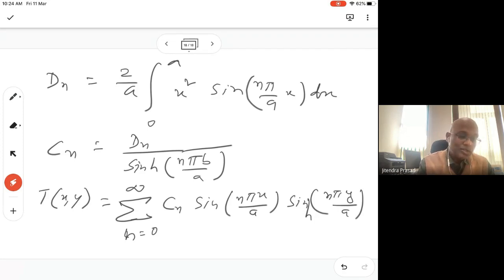Yesterday we thought it was purely separated, but this did not work out, and hence we got the anomaly. This is a historical problem, and Fourier himself, while working on it, discovered the Fourier series, so it's really very important. Any questions, guys?